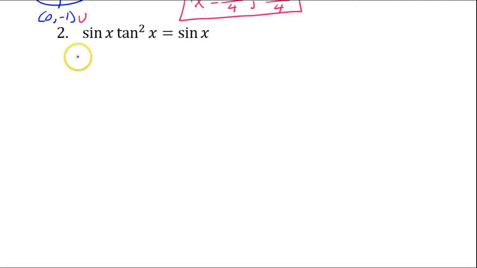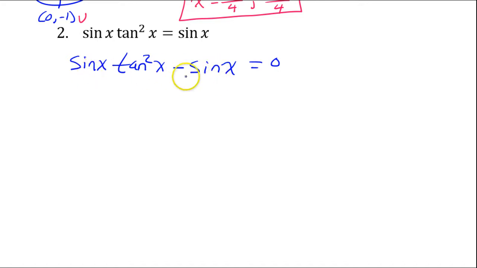So that's going to give me sine x tangent squared x minus sine x is equal to 0. Now see the sine x that is in both terms? That is a common factor.